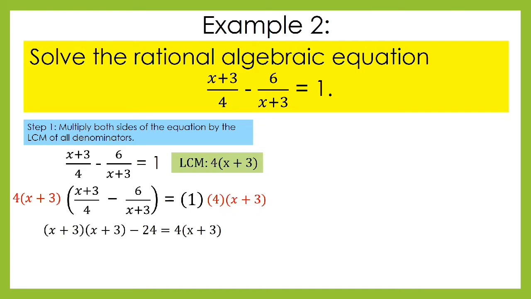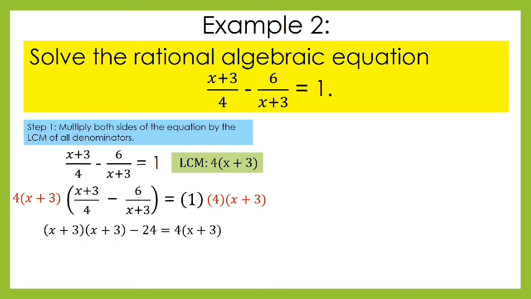And then, paano nakuha yan? Una, si 4 times x plus 3, i-multiply natin sa (x + 3)/4. As you can see, merong 4, pwede nating i-cancel. Kaya ang naiwan ay si x plus 3 and x plus 3. Kaya meron tayong (x + 3) times (x + 3).